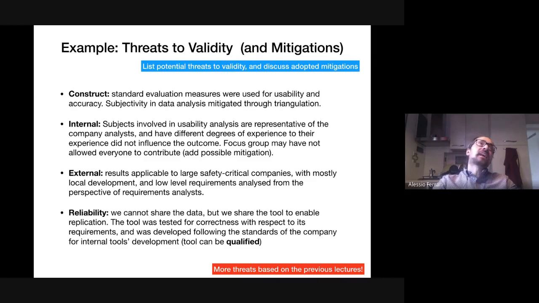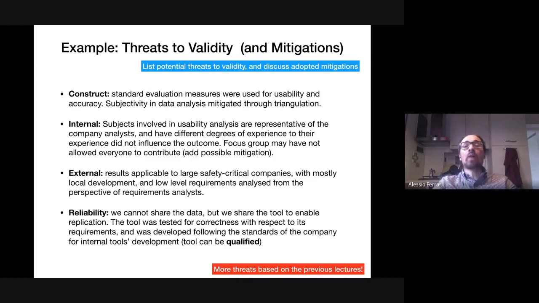And in some cases, in some companies, especially the safety-critical ones, we speak about qualified tools. If you have developed the tool according to a certain development process that is required by the norms of, for example, the avionics sector or the railway sector, we speak about tool qualification.